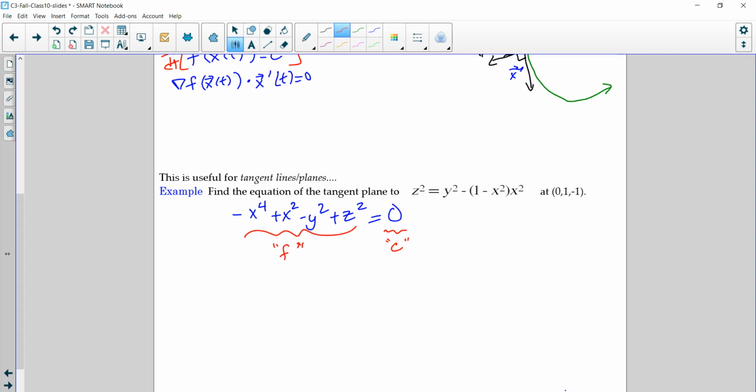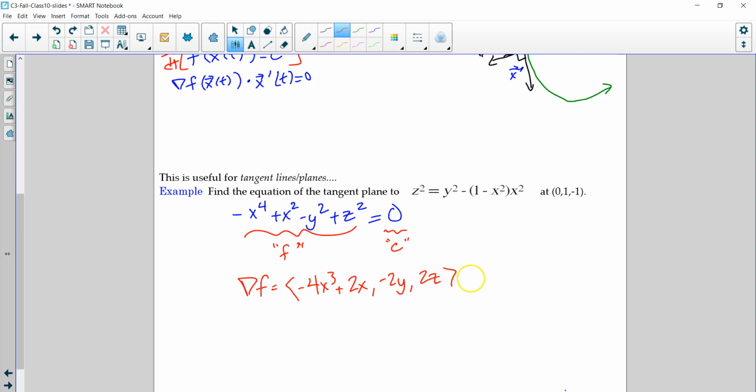Okay, so what I can do is find the gradient of f, or what I'm calling f, which I believe here is minus 4x cubed plus 2x, and then I have minus 2y, and the z component is just going to be 2z. And with this, I know that this is going to be a normal vector, perpendicular to the tangent plane.